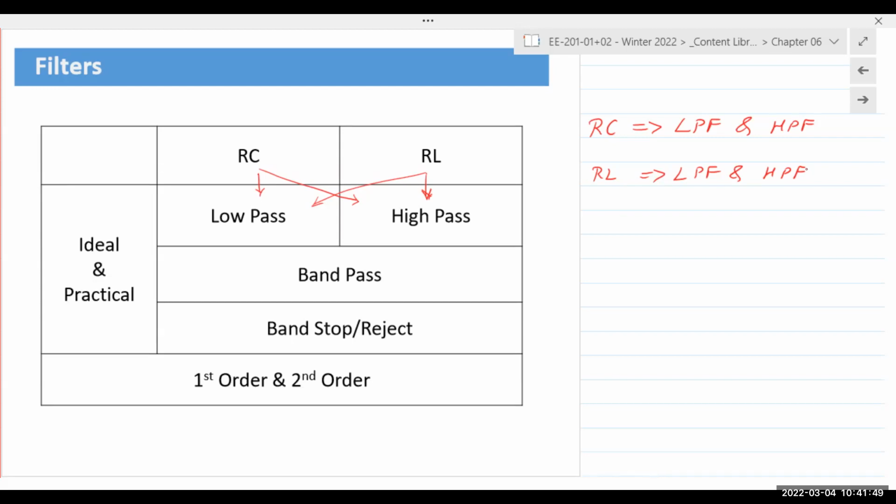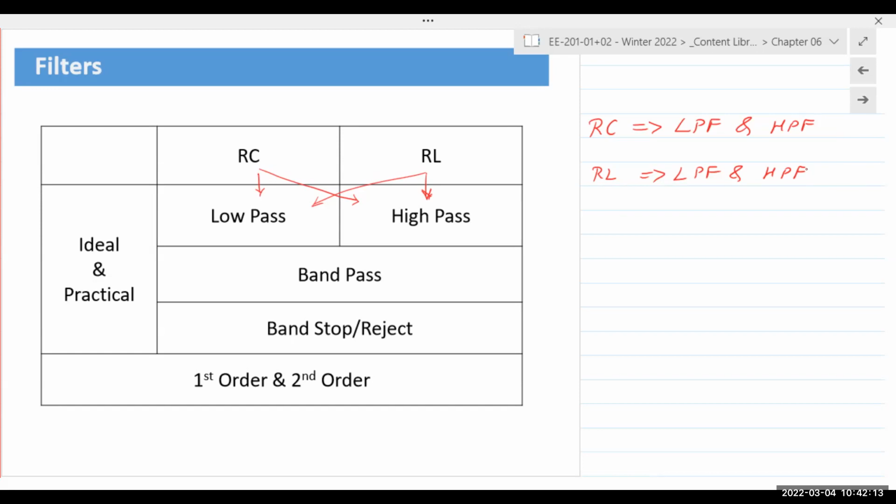So a single RC or single RL is a first order filter. And we can create both low pass as well as high pass filters using both RC and RL. So this in fact is a 2x2 cross matrix. There are actually 4 filters in there, 2 for RC and 2 for RL.